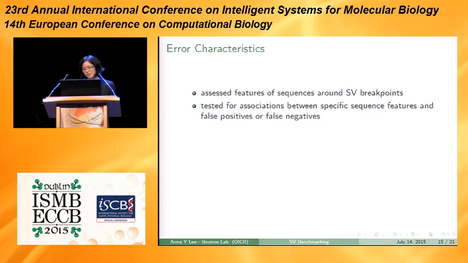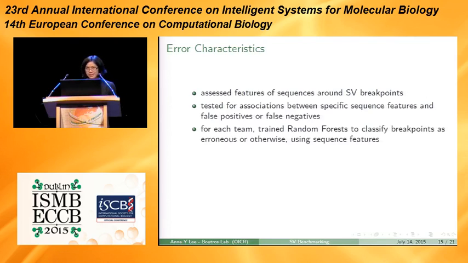What that means is we assessed the features of sequences around structural variant breakpoints, and we tested the association between these features and false positives or false negatives. For example, for each team, we trained random forests to classify breakpoints as erroneous or otherwise. Because we use random forests, they produce variable importance measures, which are values that measure the strength of these associations that we're interested in.